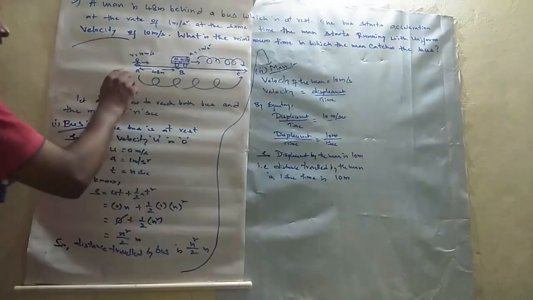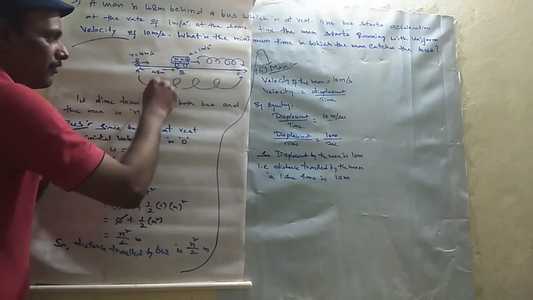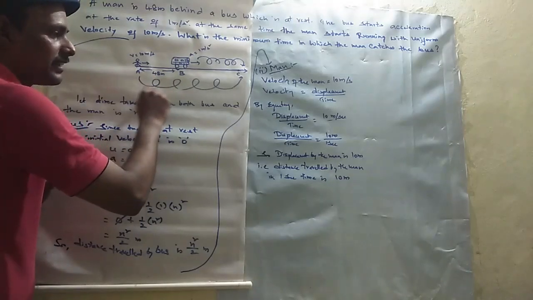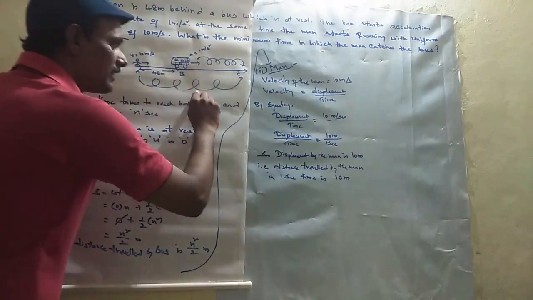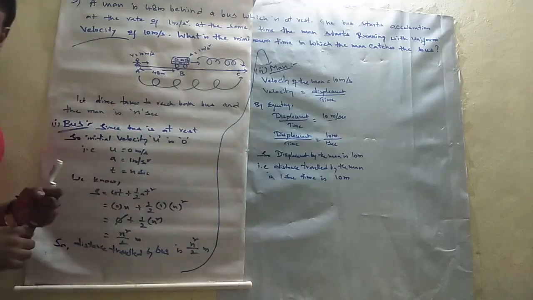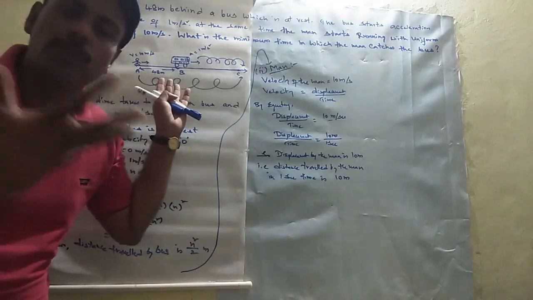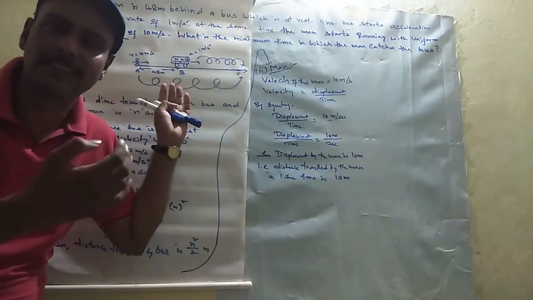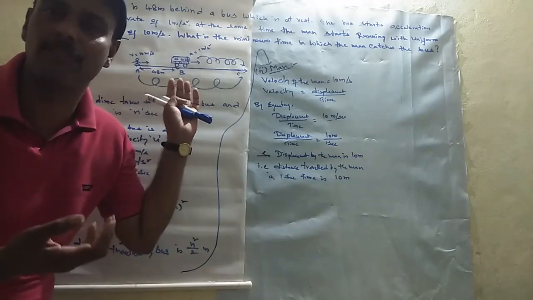This person traveled within 1 second 10 meters, again 10 meters, again 10 meters, like that. Suppose it is 5 seconds of travel, then 5 into 10, 50 meters.